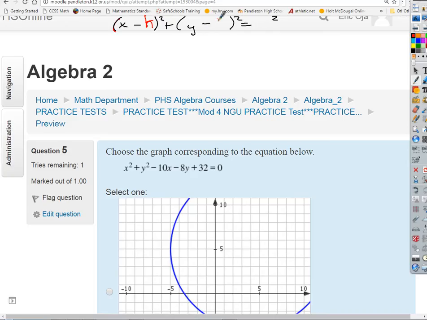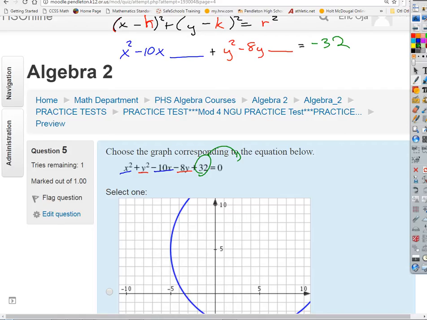So I'm going to gather the x terms together: x² − 10x, plus the y terms together: y² − 8y, and I'm going to put the constant on the other side. So I'll subtract the 32 over to the other side, because whatever I'm stuck with on the other side is r squared.